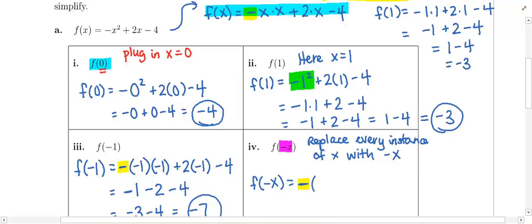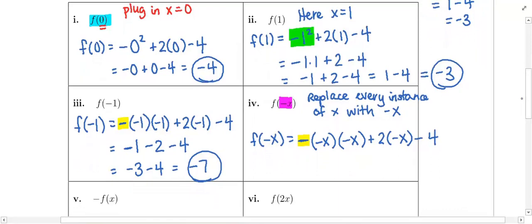So we're replacing x with negative x, and then times x. Again, you need to replace x with negative x. Then move to the next term, which is plus 2x, but you replace x with negative x, so it's plus 2 times negative x. And then don't forget the minus 4 at the end. This is how you would correctly plug negative x into this function.